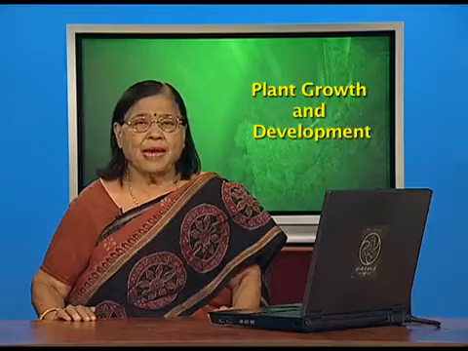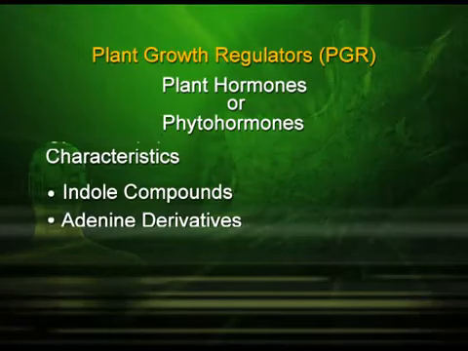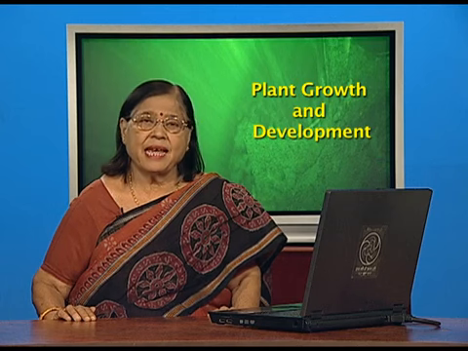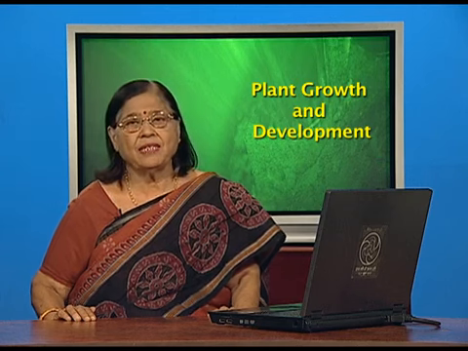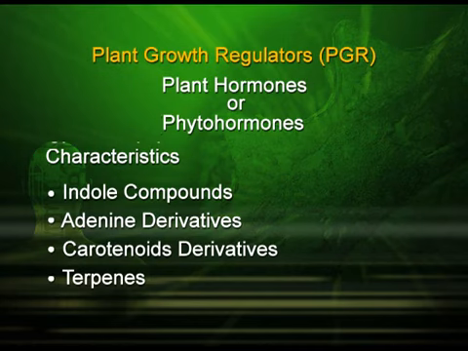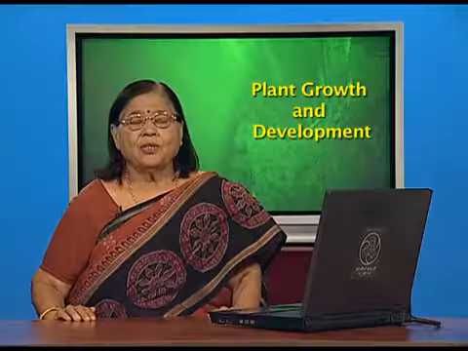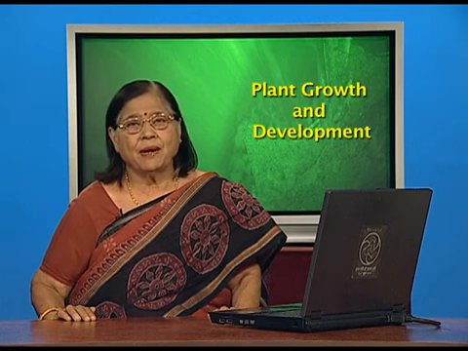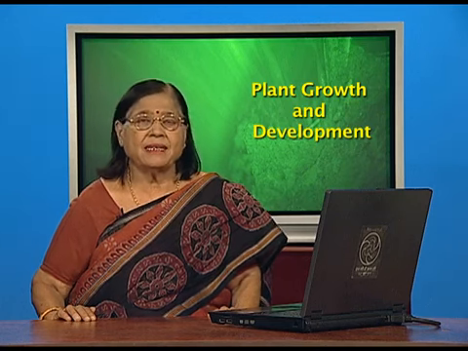So, it can be an adenine derivative, it may be a carotenoid derivative, that is another chemical group to which regulators may belong. Then they may be terpenes, or they may be in a gaseous form like ethylene. So, these are the chemical backgrounds of these regulators.